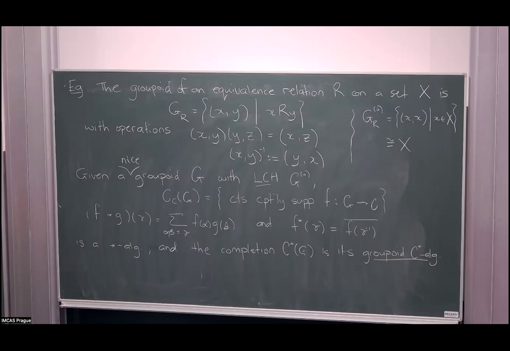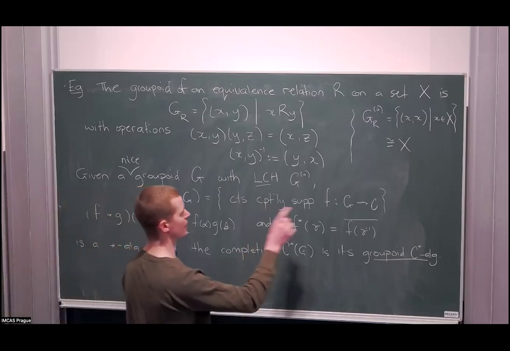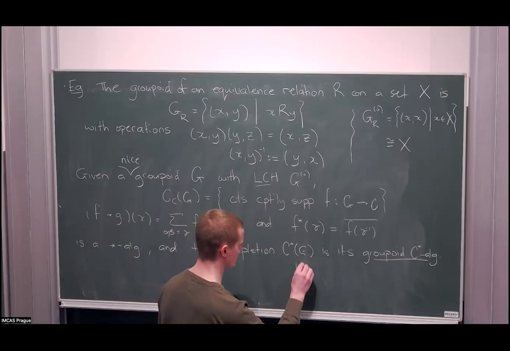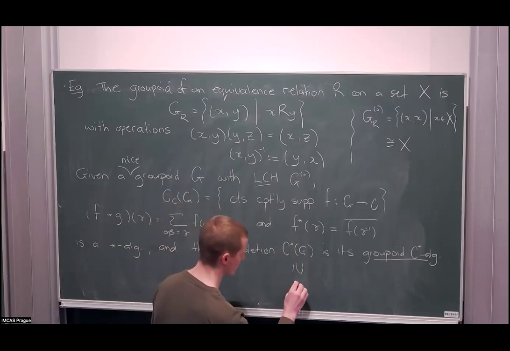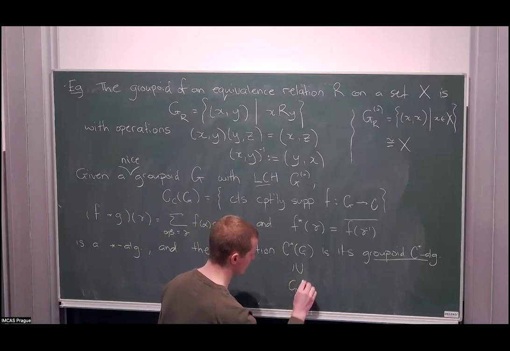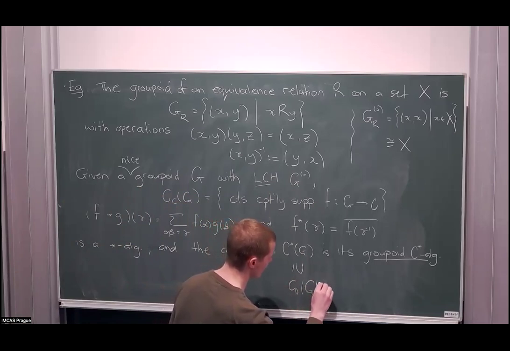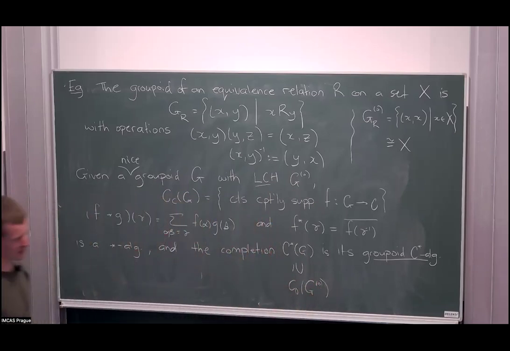Okay. And again, keeping track of what this underlying space is doing inside of the C-star algebra of the groupoid, there's a nice commutative subalgebra of continuous functions vanishing at infinity supported on the unit space.